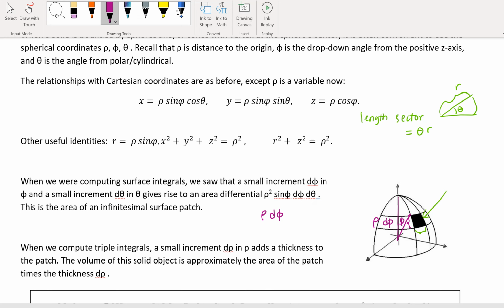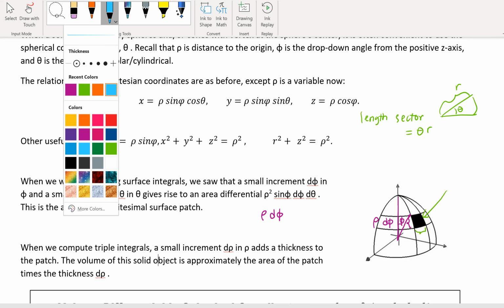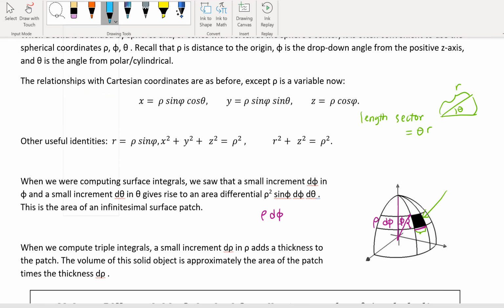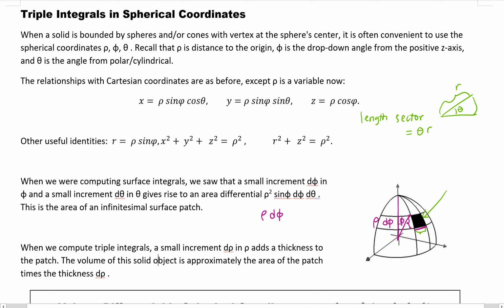Okay, how about the other side? Well, the other side, I thought I changed to blue color, and it is not. Is it blue now? Okay, so this we want to figure out. Imagine those two points when we project on the xy plane. You see this guy and this guy, they have the same length, right? And this angle is the change of theta.